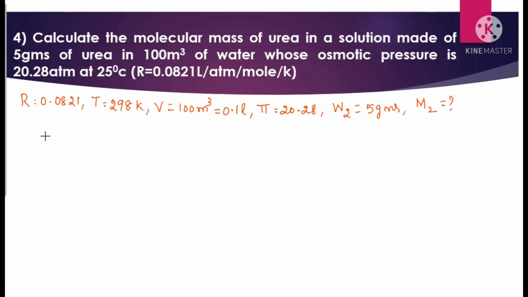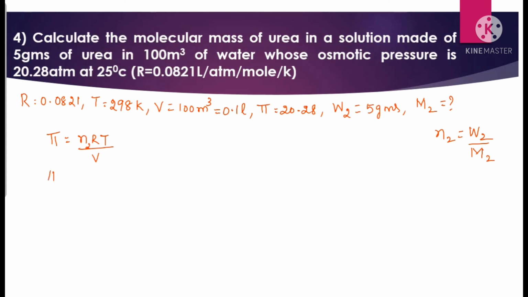So let us write down the formula. Pi is equal to nRT by V. Another formula we also know, that is N2, and we are going to substitute the value of N2. N2 is equal to W2 by M2, is it not? Now you can substitute the value of N2 here.